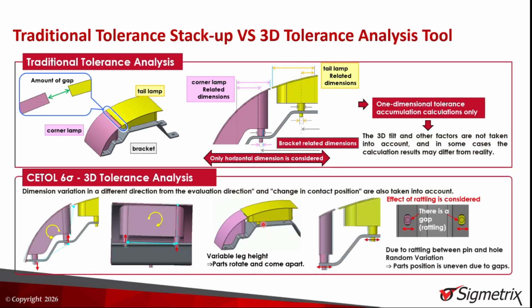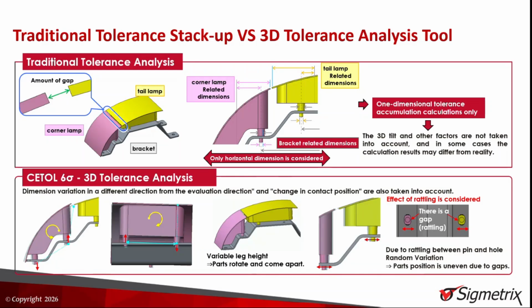It makes it more realistic because, for tolerance changes, it considers the wobbling between the pin and hole, and the part positioning is uneven due to the gap. This is why we need to consider tolerance in 3D rather than in one direction.